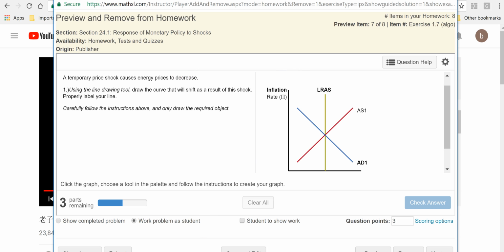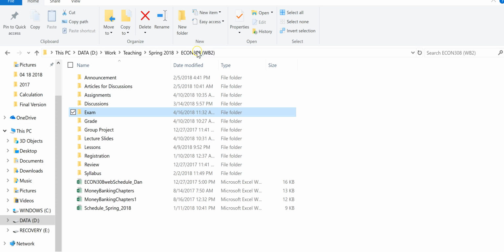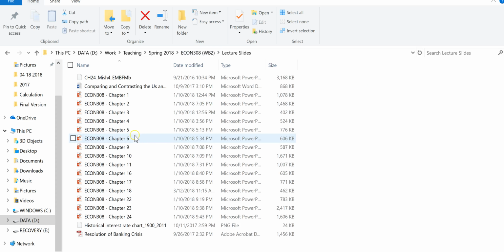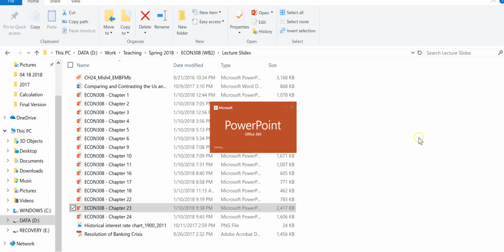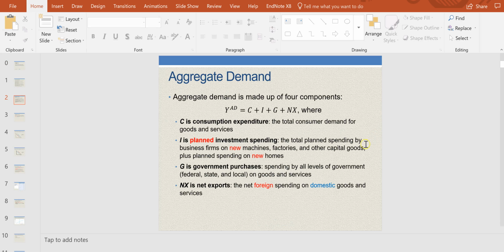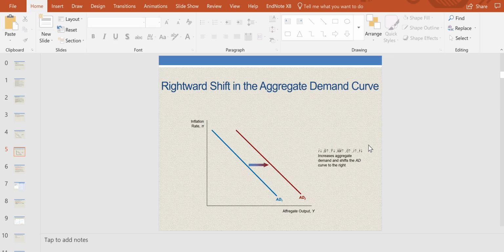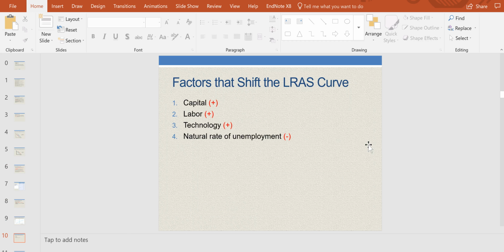If you check the book or my lecture slides, you can find it in chapter 23, where we talk about AD and AS analysis, the factors which can influence the AS curve.